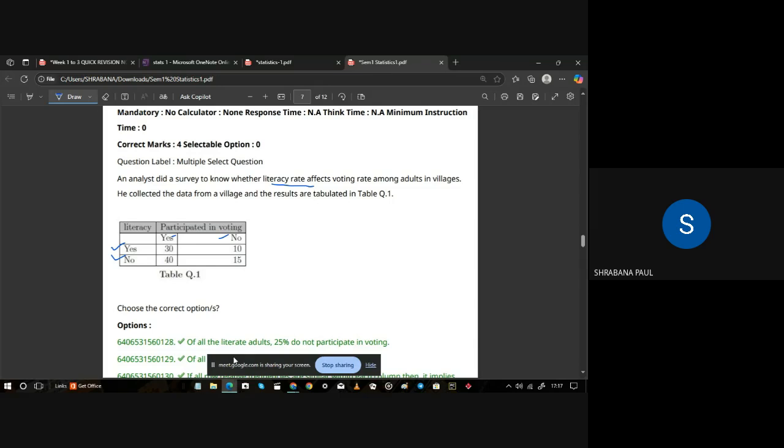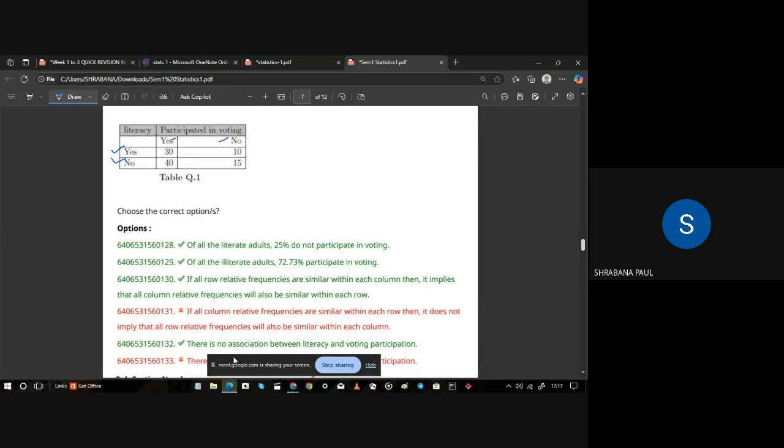Okay, now question is which of the following statements are correct. Of all the literate adults, हमको literate adults में देखना है, ये क्वेश्चन बहुत इंपॉर्टेंट है। लिटरेट एडल्ट मतलब यस कैटेगरी में देखना है। 20% do not participate in voting, 25%. कैलकुलेट करो ये वाला कैसे आता है आपको, ट्राई करो, मैं आंसर बता दूंगी उसके बाद.